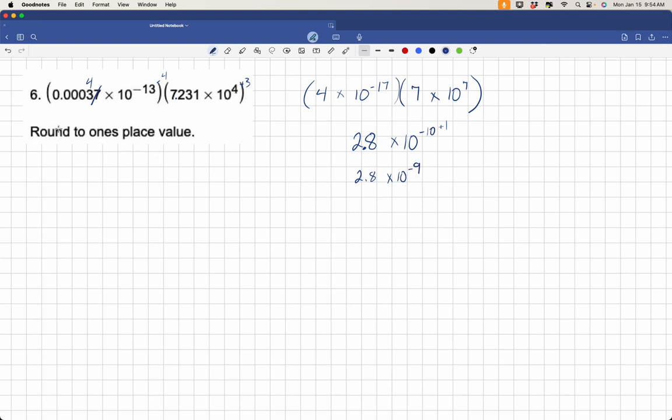But because it says round to the ones place, that'd be 3 times 10 to the negative 9. That would be your answer. Okay, so we rounded to the ones place here to get these, and then we rounded to the ones place for our answer. All right, I hope that clears up how that works.